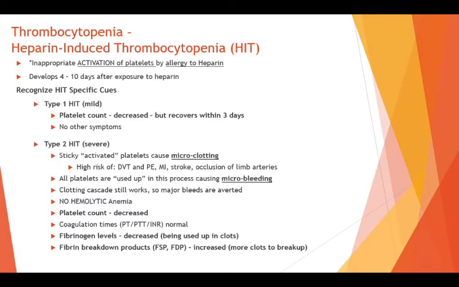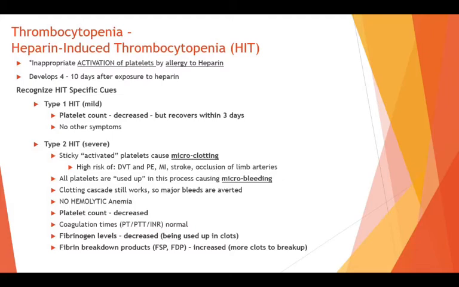The worst kind is pretty rare. I've only seen extensive or severe HIT probably 2 or 3 times in my career. But it's where basically the patient develops what looks like thrombotic thrombocytopenic purpura, or TTP, but they've never had any history of it in their life, and they have had a history of heparin in the previous week.